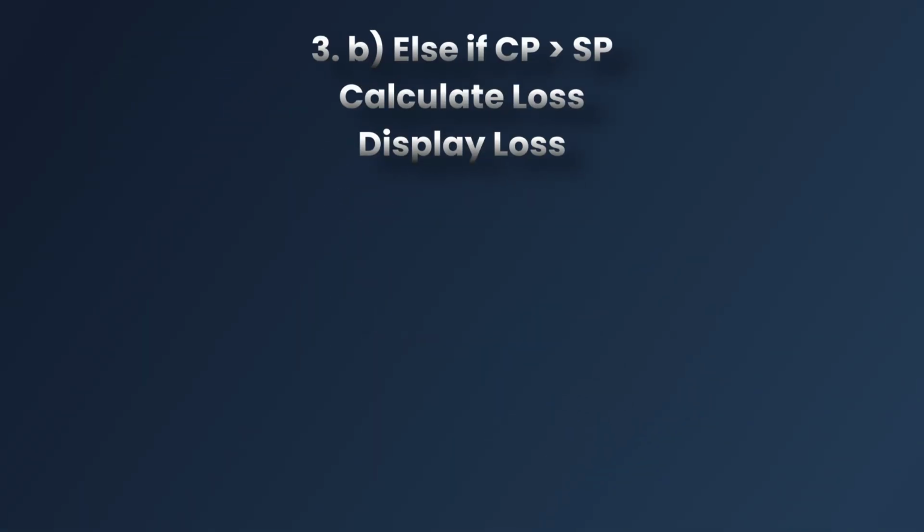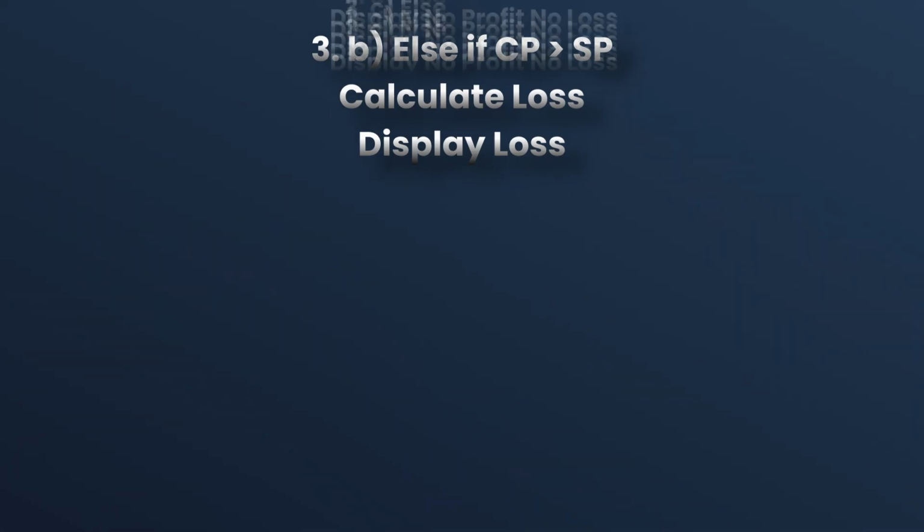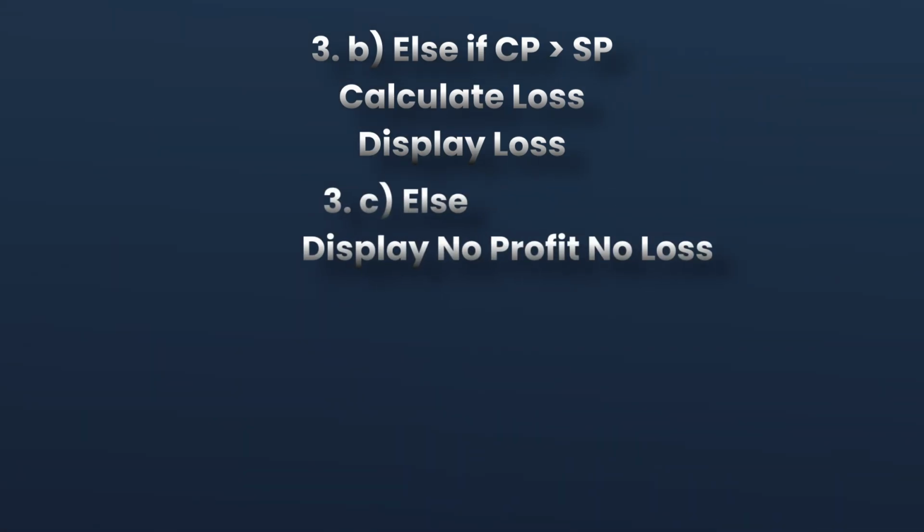Second condition, else if cost price is greater than selling price, calculate loss and display that loss. Third, display no profit or no loss. Final step is stop. Now let us relate the steps with code.